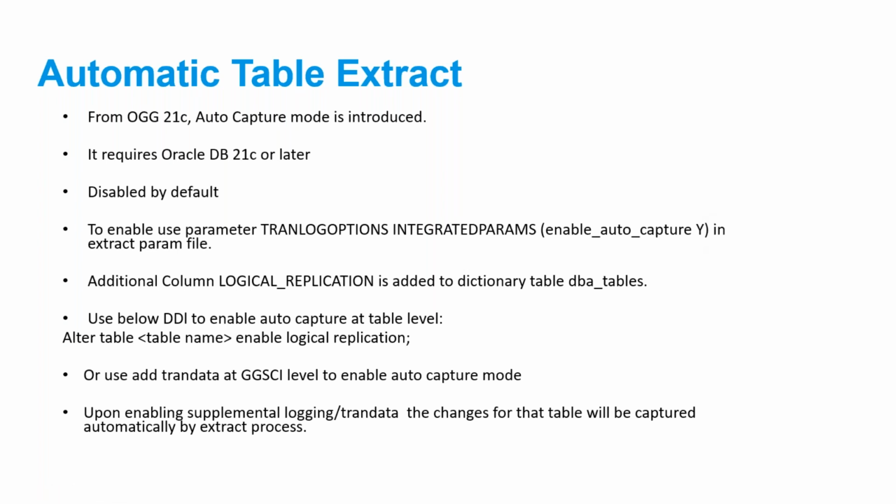So to use the automatic table extract option, you have to use TRANSLOGOPTIONS INTEGRATEDPARAMS (ENABLE_AUTO_CAPTURE Y) in the extract parameter, where Y means yes. In a 21C database, an extra column has been added to DBA_TABLES, which is not present until 19C.